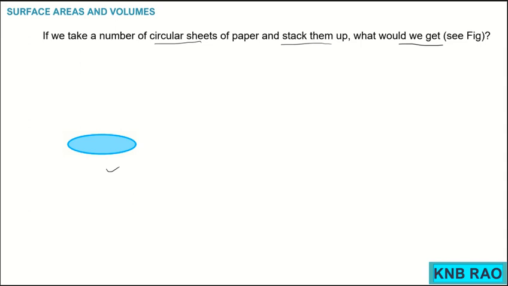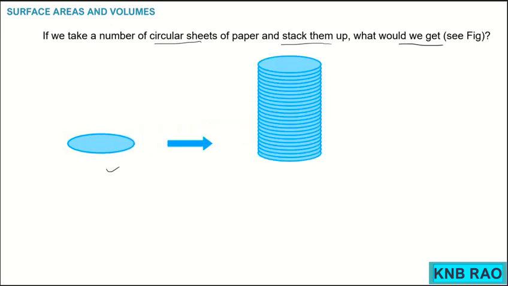Now watch the figure. Here I am taking one, and one more I'll take on top of that, one more on top of that, and likewise I'll take so many and stack them up.